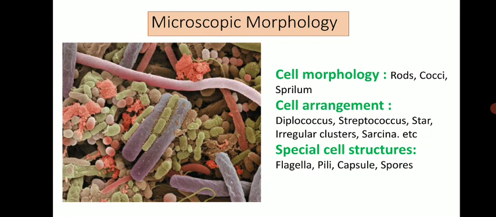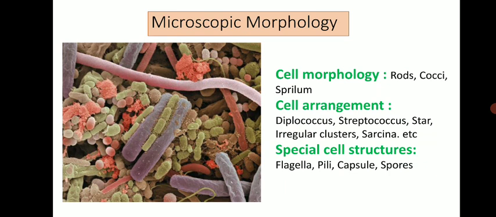So in that, first is microscopic morphology. Microscopic morphology is based on phenotypic characteristics. As we know, microbes are too small; we cannot see them with the naked eye.